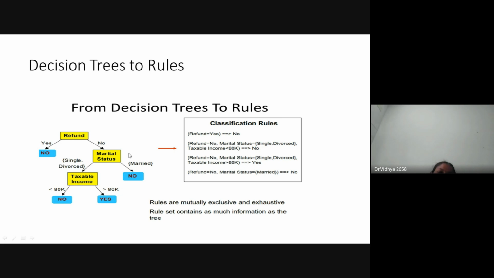Similarly, if the marital status is no and the taxable income is not greater than 80,000, then the value fixed here will also affect the performance of this particular decision tree. The rules are mutually exclusive and exhaustive, a rule set which contains as much information as the tree requires.